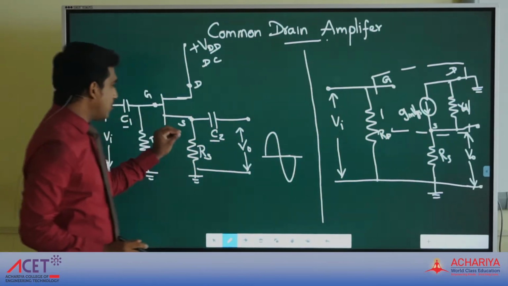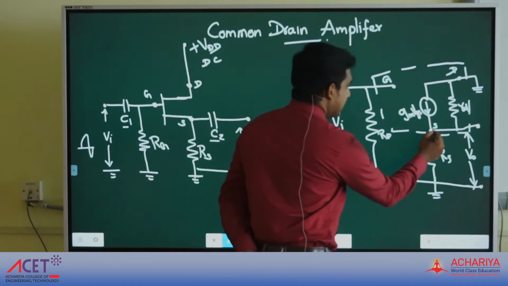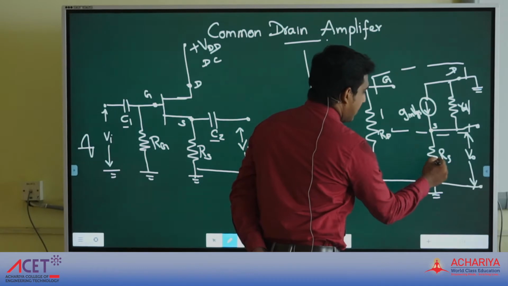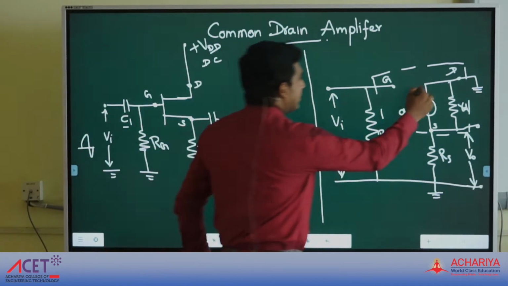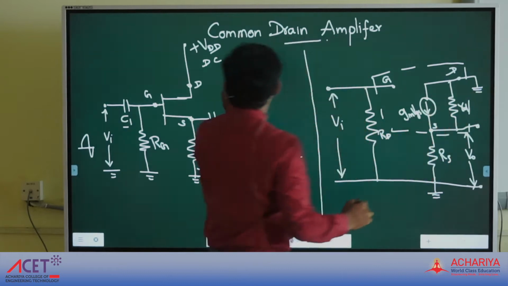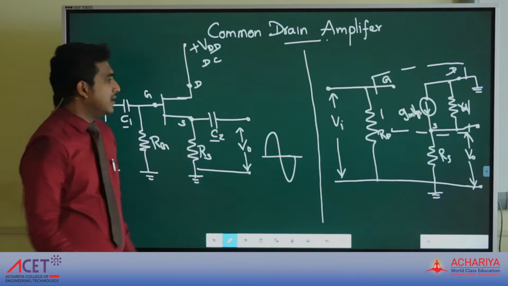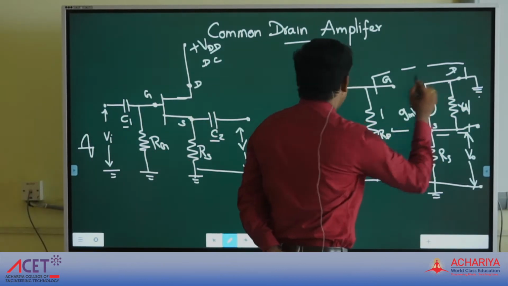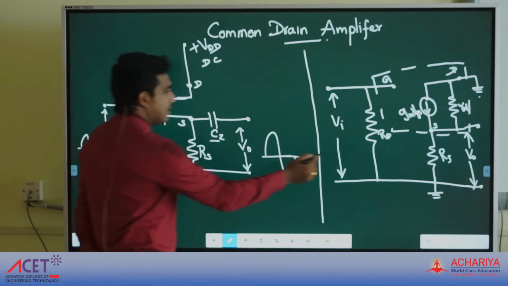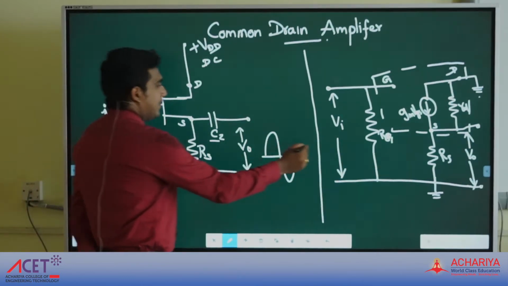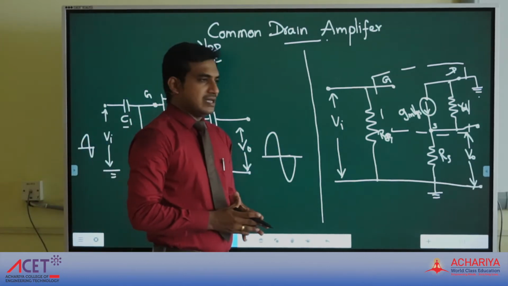In the circuit, the source terminal was grounded through the RS resistance, so we put that here. The drain terminal was grounded, since we have to eliminate the DC voltage plus VDD by grounding. On the input side we have the RG resistance and the input voltage VA. This is the AC equivalent circuit.